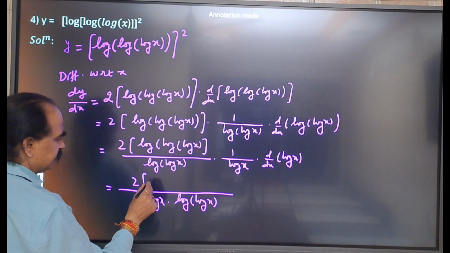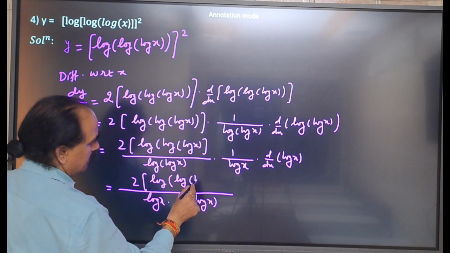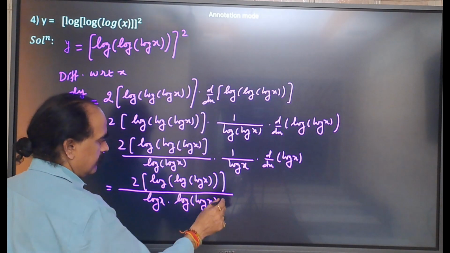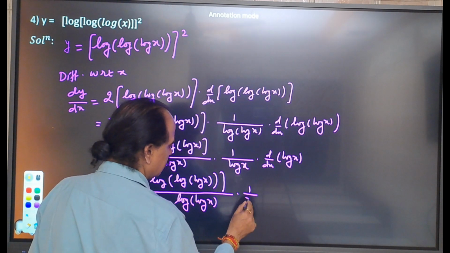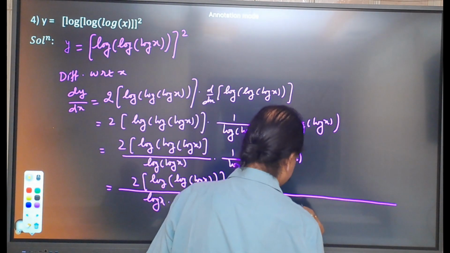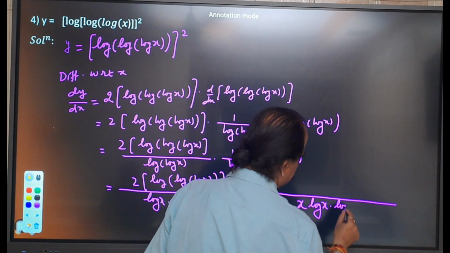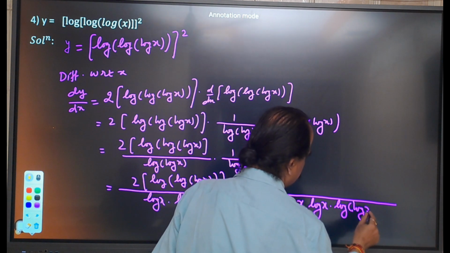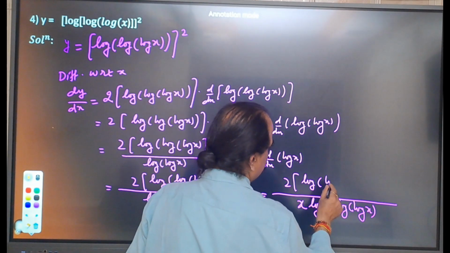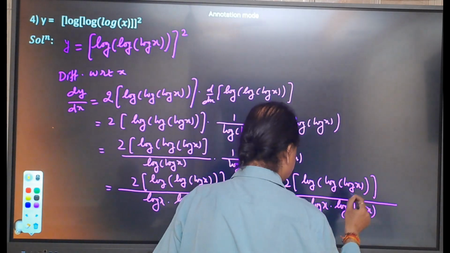A numerator will remain as it is. 2 log of log x into derivative of log x is what? So finally we are getting 2 log of log x upon x log x is the answer.